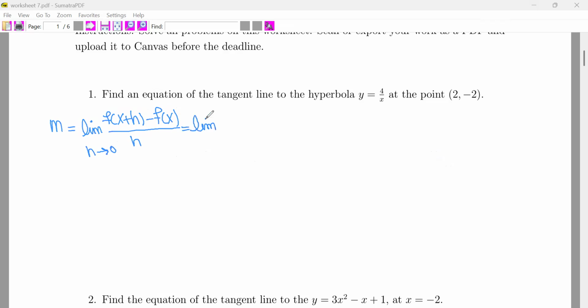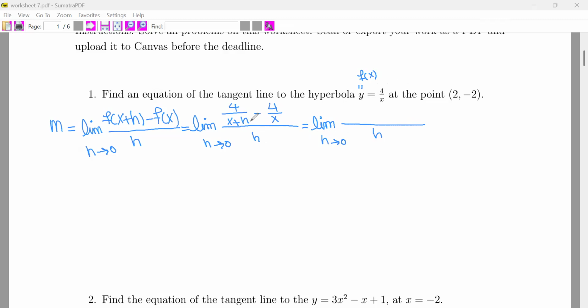So in the limit, instead of f of x plus h, we plug in x plus h instead of x, and we have 4 over x plus h minus f of x. We know that y is the same as f of x, so 4 over x is here, over h when h is approaching 0.